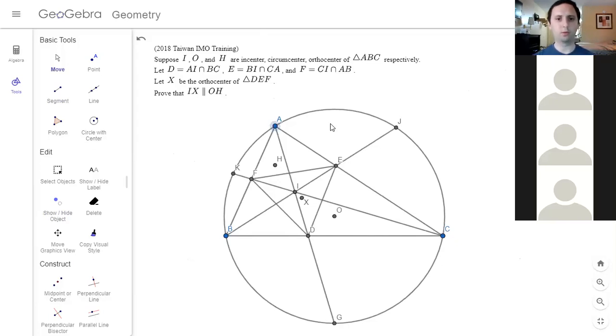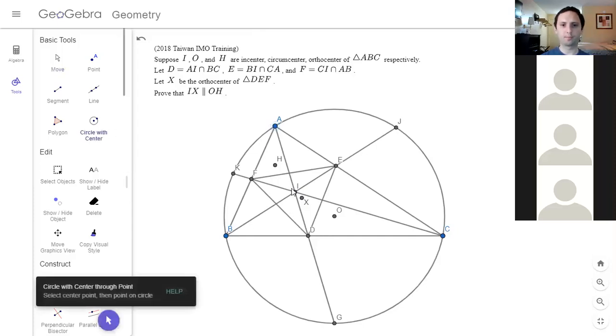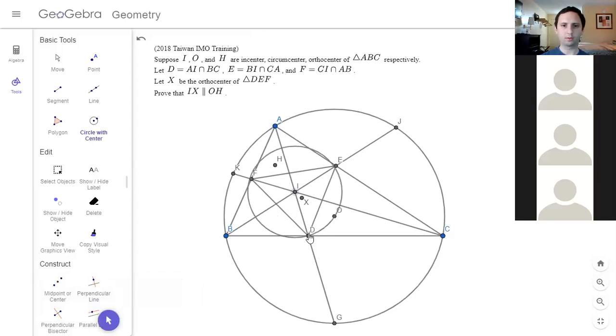So OH is the Euler line, so it also passes through the nine-point center. What is I for this? I don't think it's the circumcenter. I is just like a random point in triangle DEF, right?